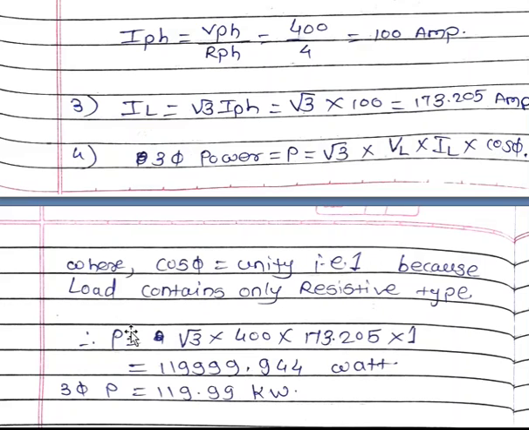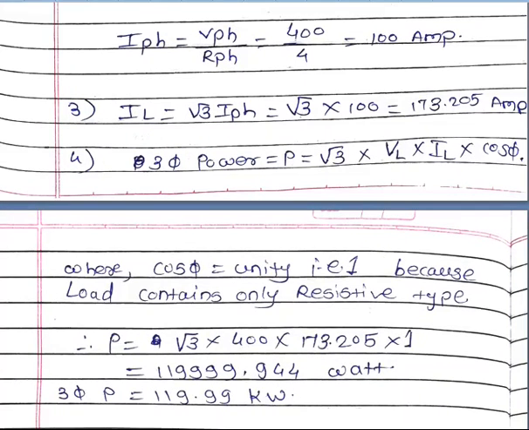Therefore, active power P is equal to root 3 into VL, that is 400, into IL, that is 173.205, into 1. The answer of this multiplication is the value of active power, equal to 119.99 kilowatt. Okay, the example is completed.